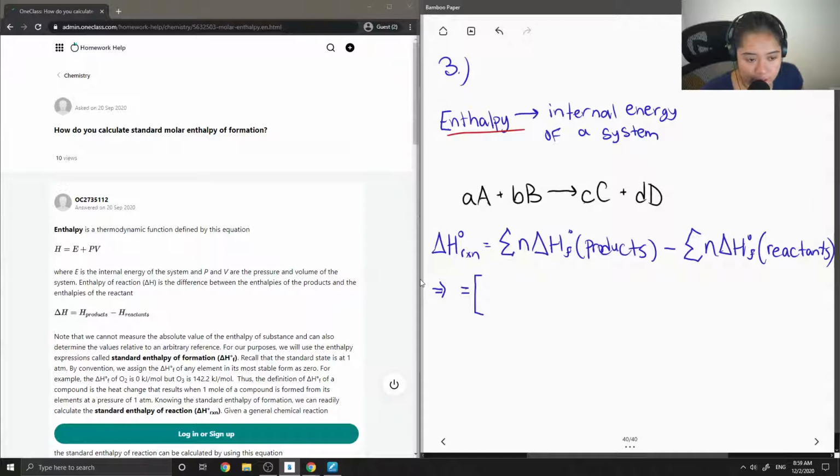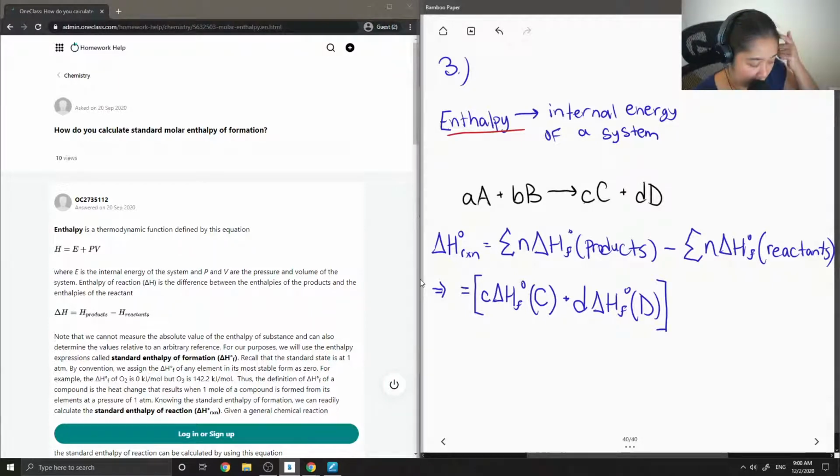So this shows that the coefficients, or how many molecules of each, play a role in calculating the delta H. So for example, this would be lowercase c times the delta H of formation for compound C plus lowercase d times the delta H of formation for compound D. Okay, so this represents the first factor of our equation.